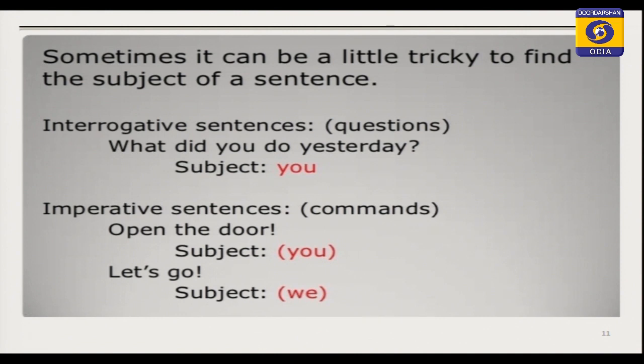For all imperative sentences, there is only one subject, and that is you. The subject is always omitted. It is not written, it is understood. I have told you that I will tell you how to find the subject of an interrogative sentence. That is a little bit difficult in comparison to all other sentences. Now, I am going to tell you the trick.